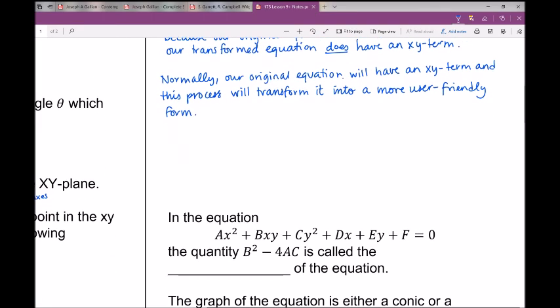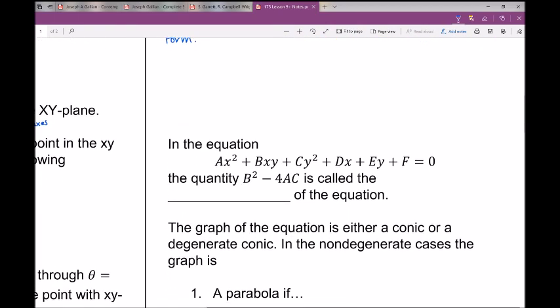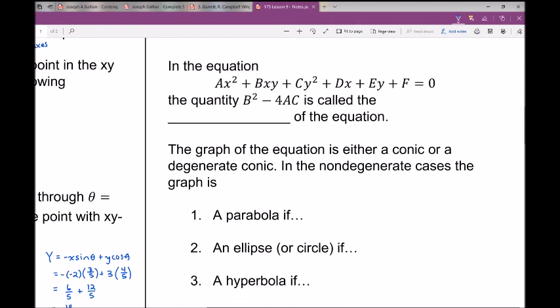So now let's look at how to classify these most general forms of our conic section equation. So this is the other really important part that I actually will test you on. So remember, it's finding the angle of rotation and also being able to figure out which conic section an equation describes. Okay, so in the general form of a conic, we want to look at the quantity b squared minus 4ac.